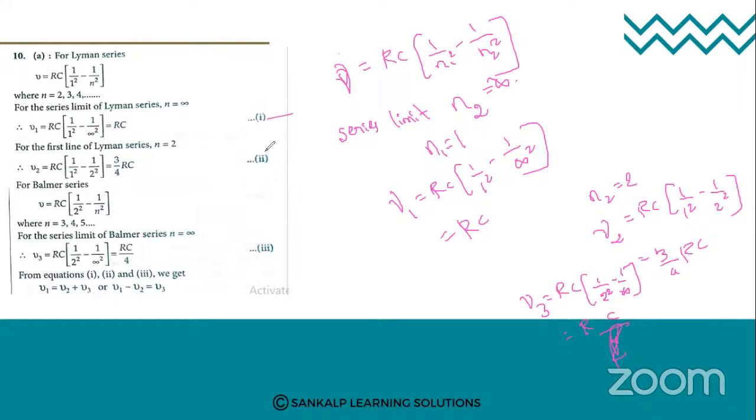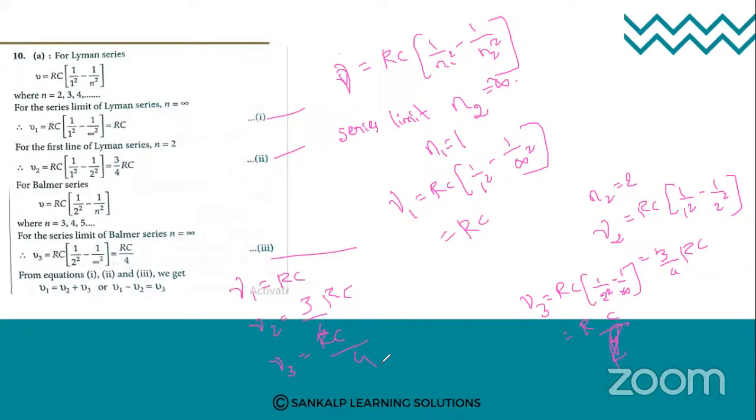So here you can see equation 1, equation 2, equation 3. The first frequency is RC, the second frequency is 3 by 4 RC, the third frequency is RC divided by 4.